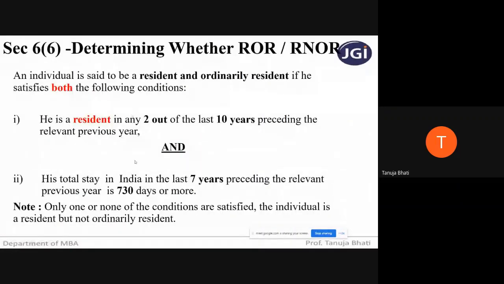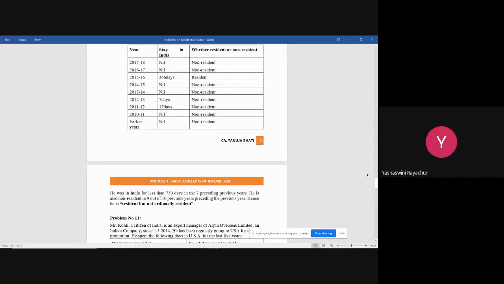Only when he's satisfying both the conditions, he becomes ROR, that is resident and ordinarily resident. Now, in that sum, he's not satisfying both the conditions. So how can we tag him as ROR? He will obviously be RNOR. Is this clear? Yes, ma'am.